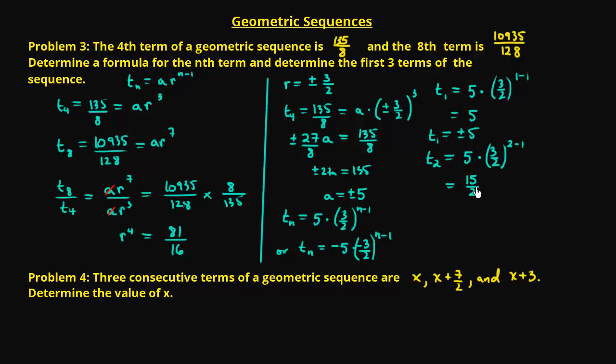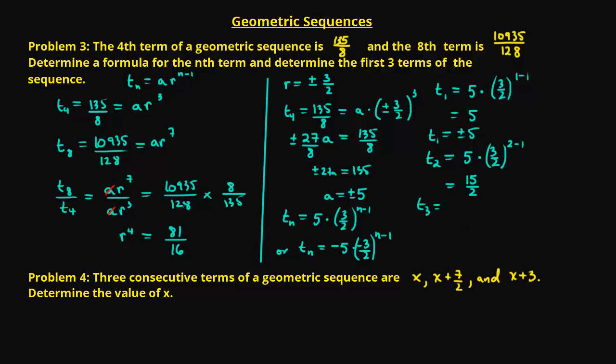And let's think about whether that term could be negative as well. Well, if I had negative 5 times negative 3 halves to the power of 1, I would have a negative and a negative, so t sub 2 can only be positive here. And that also follows that if the first term is negative, then the common ratio is negative, and the second term would have to be positive.